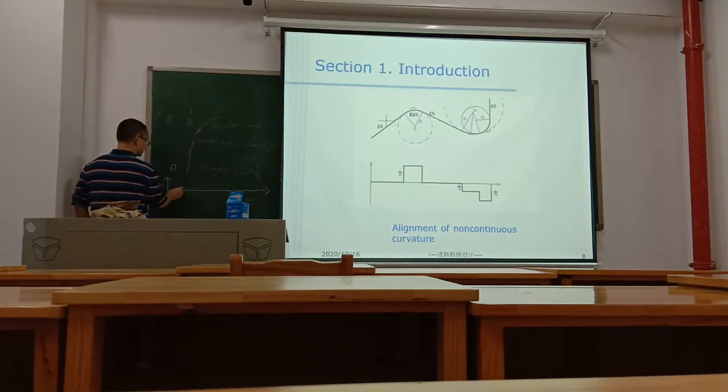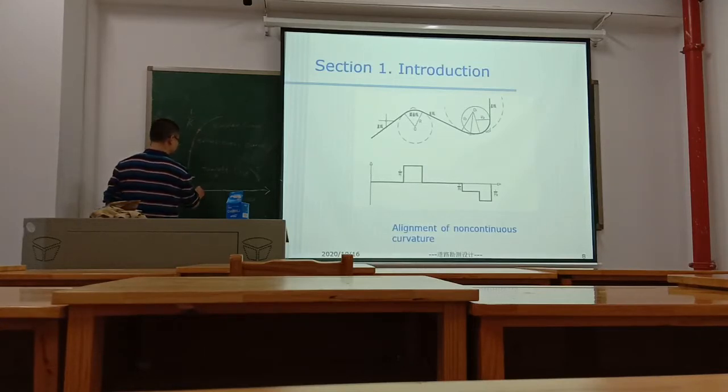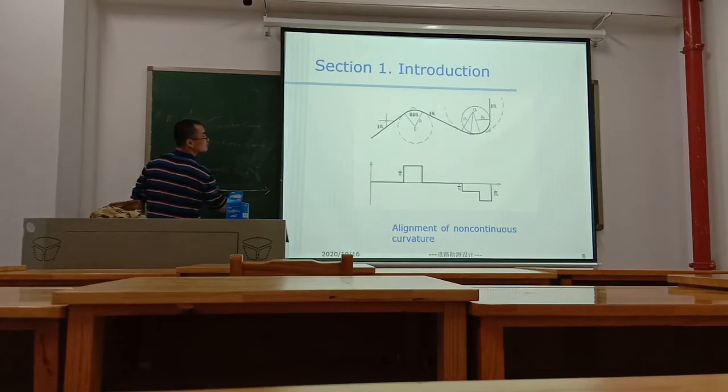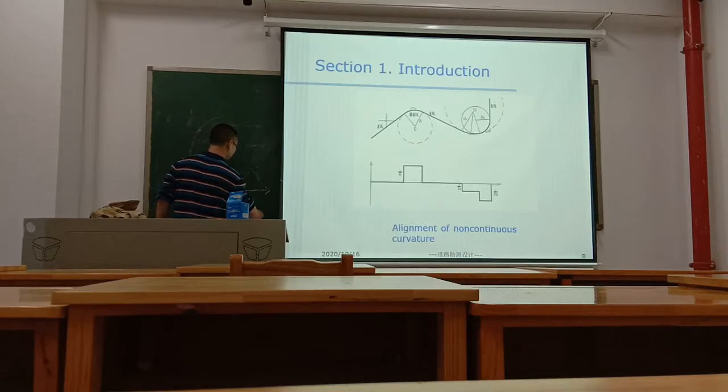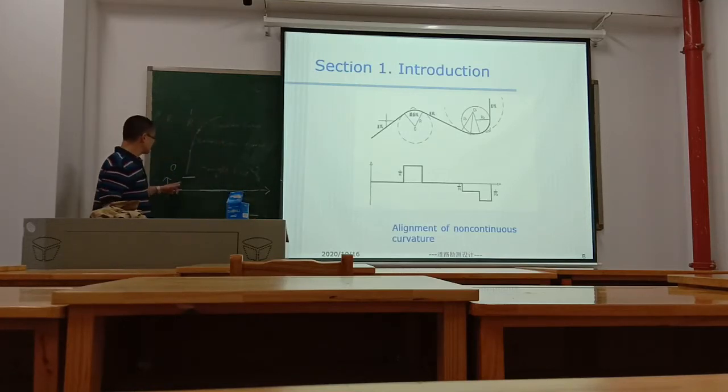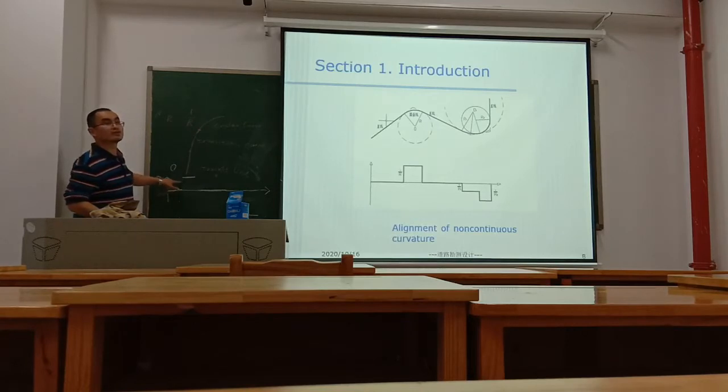This is a straight line. This is a circular curve. This is a straight line. This is a circular curve. So it's not continuous.